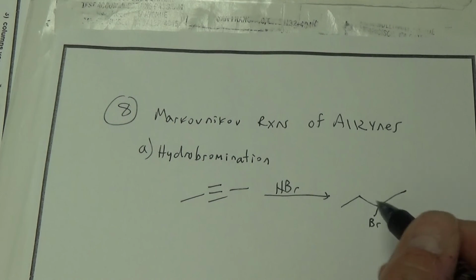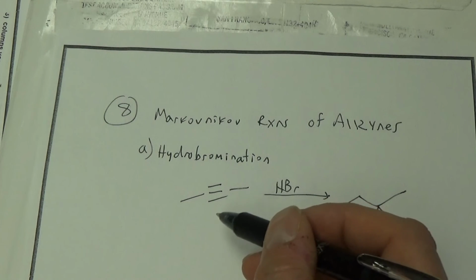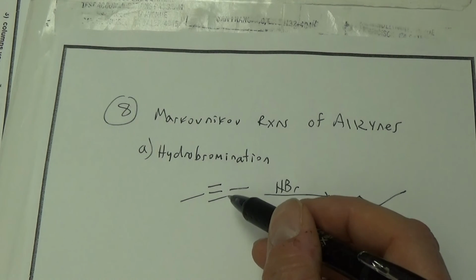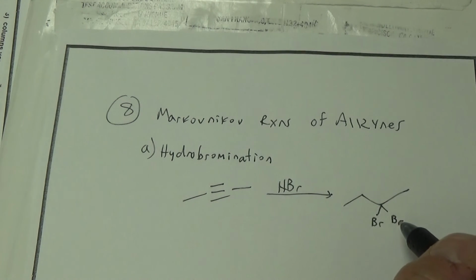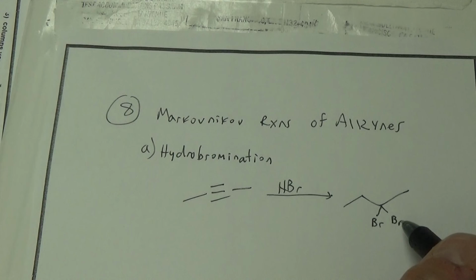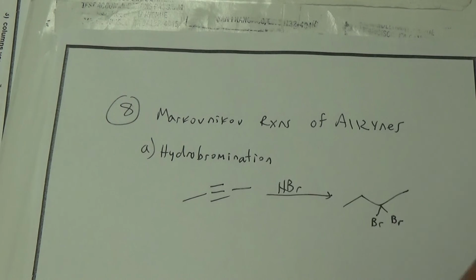So the first one isn't really directed, right? It's just, you're going to get an H and a Br assigned to these two carbons, but when the second one comes in, it's going to go where the first one was, and that's why it's called Markovnikov.